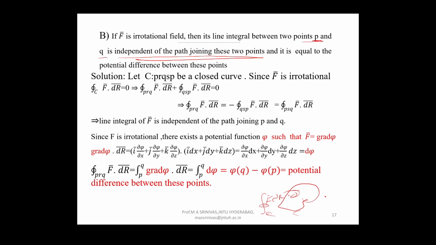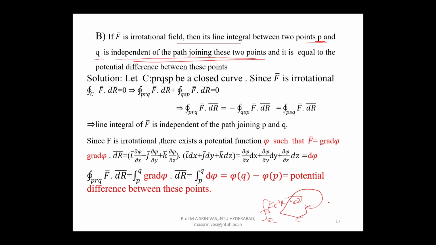If it is the same, how much is that? Again, go back to the previous part. If f bar is irrotational, I said there will be a potential function. And the potential function at the end point Q minus the potential function at the starting point P, that difference is the line integral value.